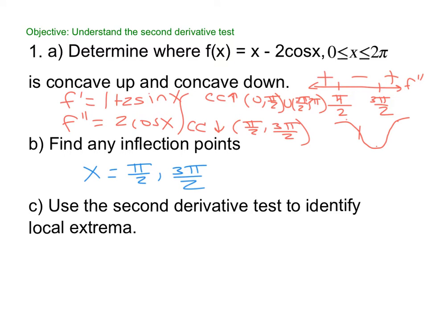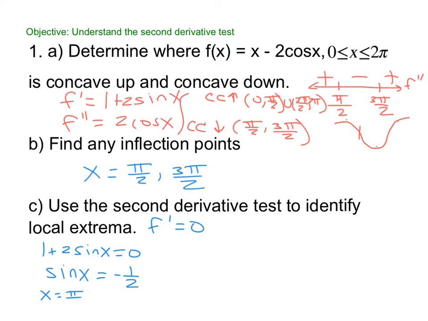Use the second derivative test to identify local extrema. So we have to find where f prime equals 0. So when does 1 plus 2 sine x equal 0? It's at sine x equals -1/2. So that is 30 degrees, which is pi over 6.